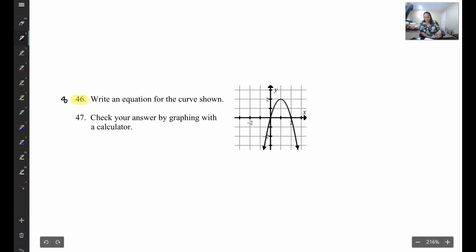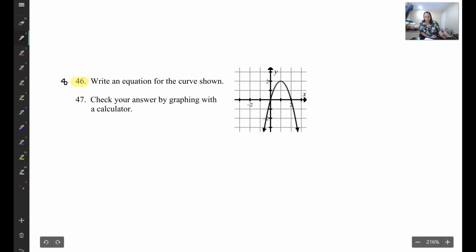Let's do number 46. Write an equation for the curve shown. There's a couple of parts of this that's pretty quick and simple. And I would say the simplest one is we are moving this parabola left 1 and up 2. If we're moving left and right, that is an inside, and it will be opposite or counterintuitive, so left will actually be plus.